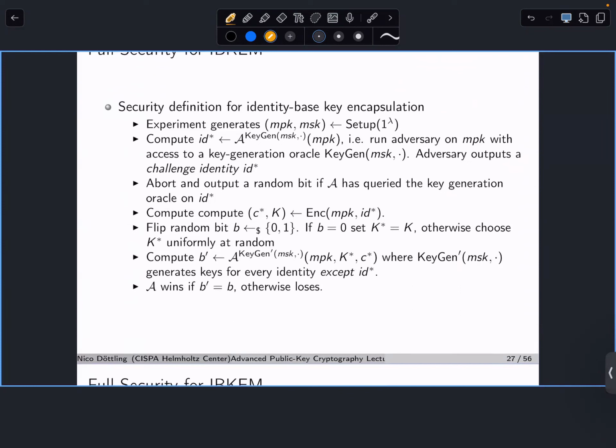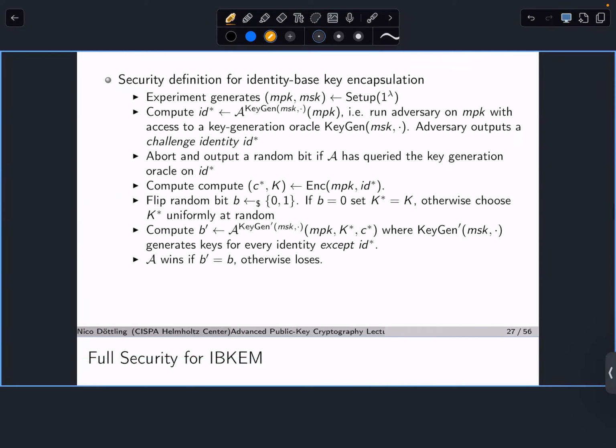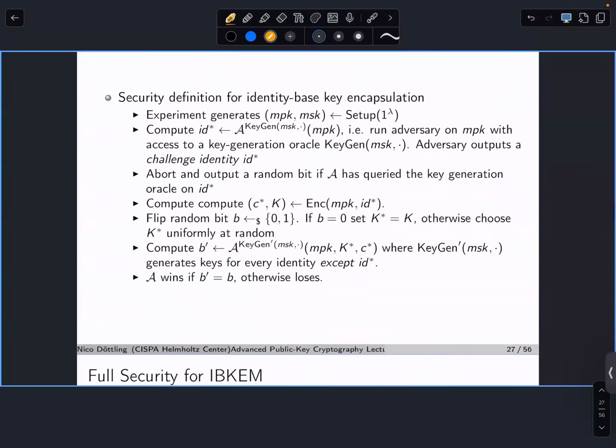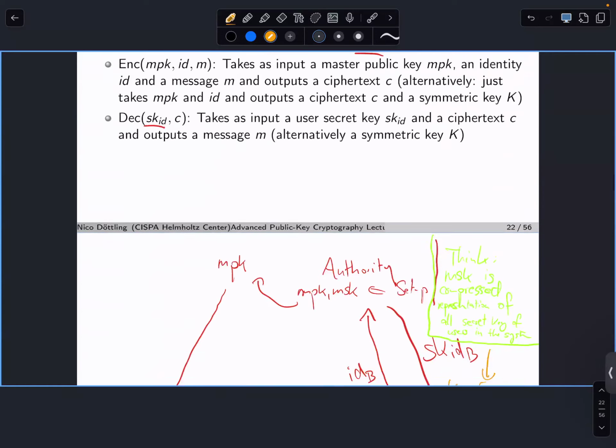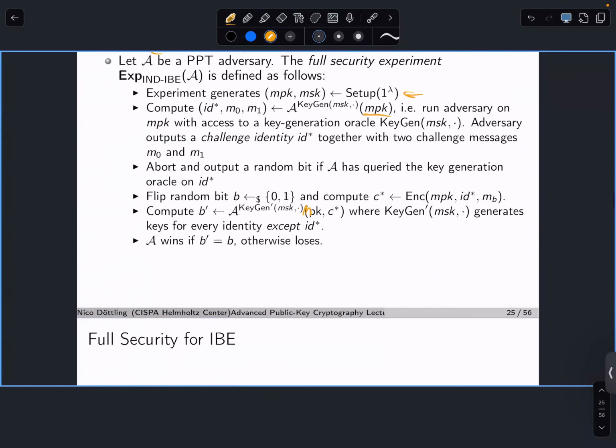There, the encryption algorithm doesn't take a message as an input, but just the master public key and an identity, and gives me a key that I can then use for hybrid encryption. But okay, since I did not have the syntax here, let's do this next time.